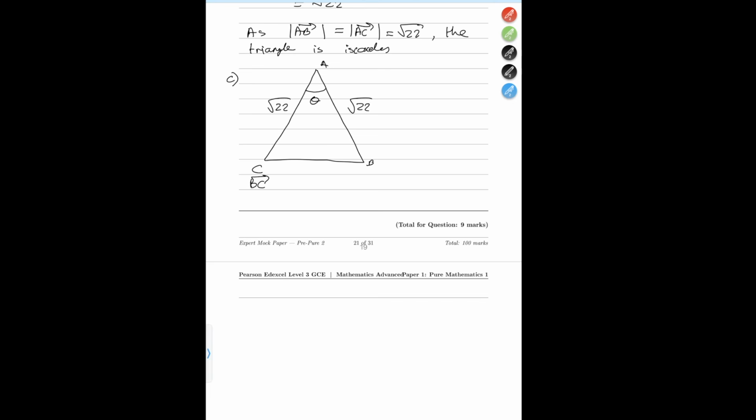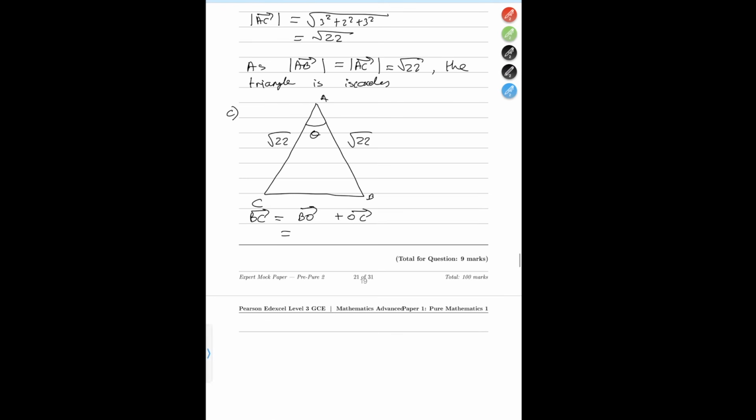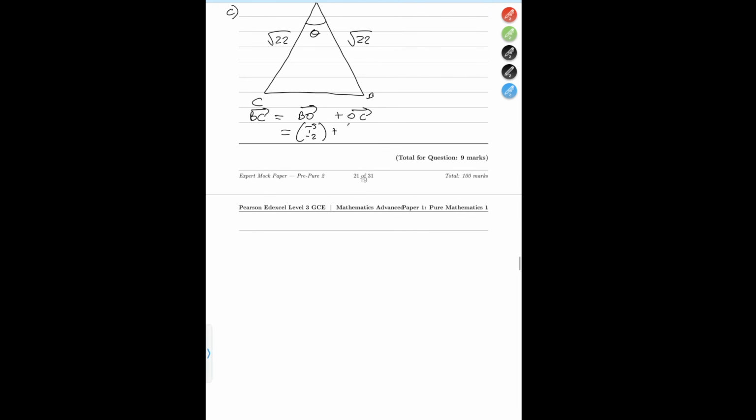So let's now find out BC. BC is B to O plus O to C, and B to O is minus 5, 1, minus 2. And then O to C is 6, 4, 2. So that gives us 1, 5, 0.